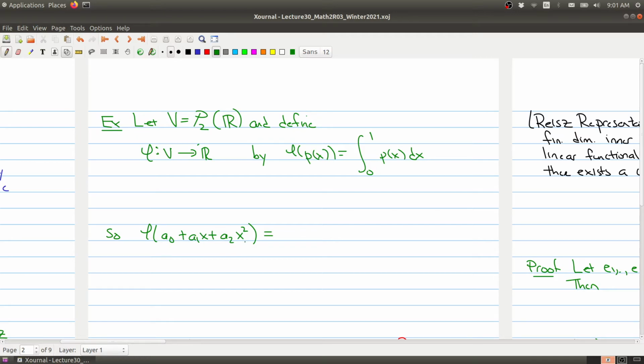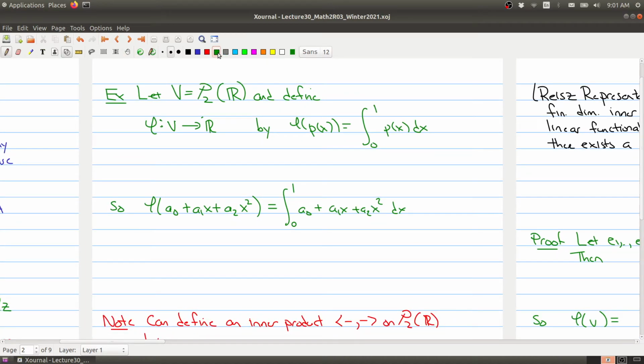In general, if I take an arbitrary polynomial, from calculus we're integrating a0 plus a1 times x plus a2 times x squared dx, and this equals a0 x plus a1 x squared over 2 plus a2 x cubed over 3, from 0 to 1. When you plug that in, you get the number a0 plus a1 over 2 plus a2 over 3.